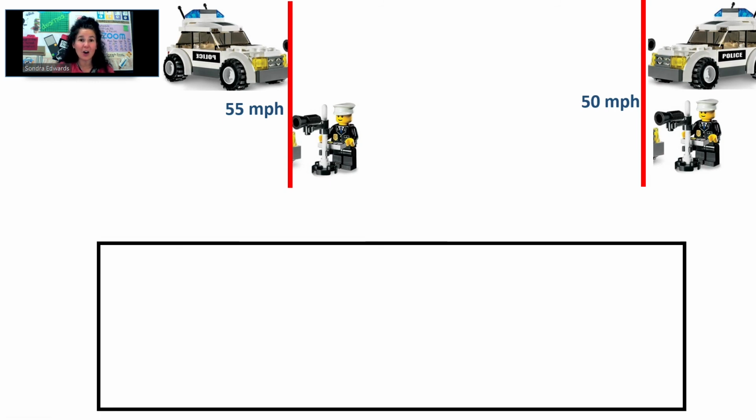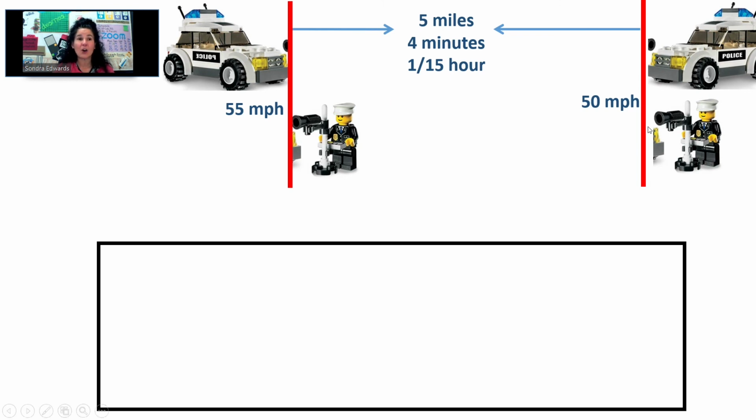But we know that this car was speeding because the distance between these checkpoints is 5 miles. And it took the driver exactly 4 minutes, which is 1/15 of an hour, to go from checkpoint 1 to checkpoint 2.